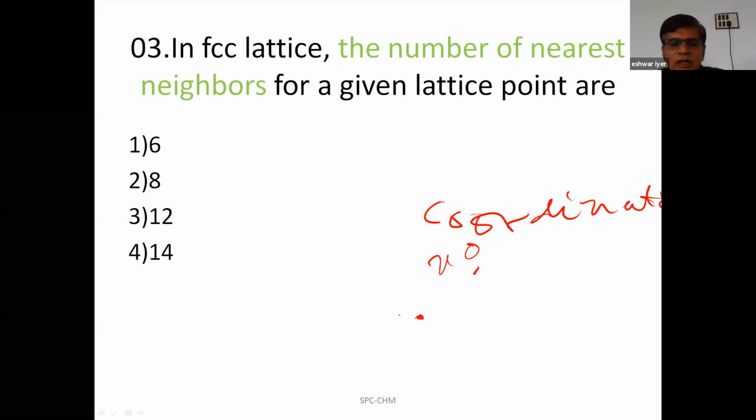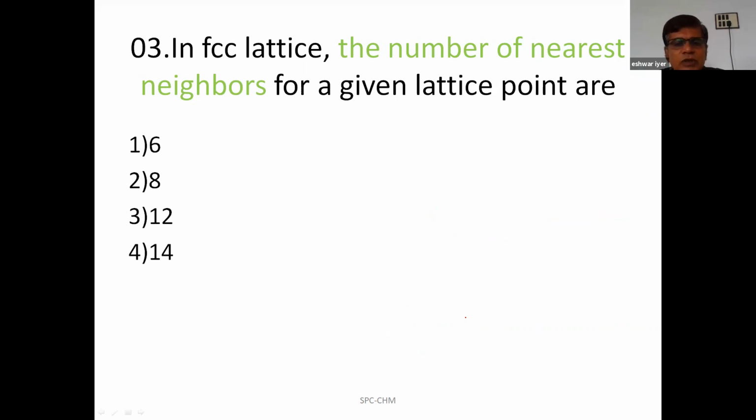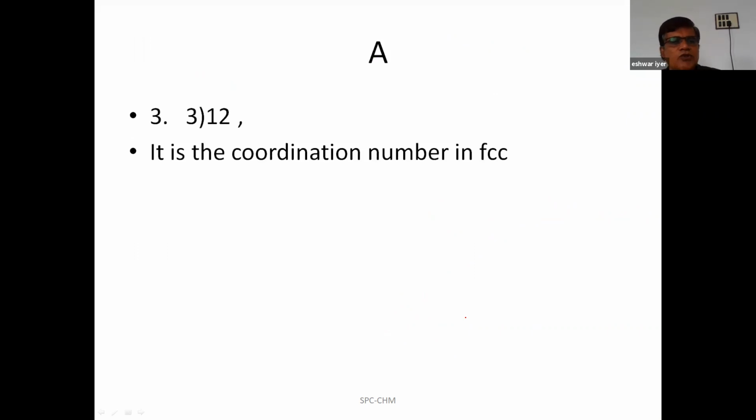If there is a constituent here, it is surrounded by 6 other constituents in the same plane, 3 above and 3 below. That makes the answer 12. Let us find out. Yes, the answer is 12. It is the coordination number in FCC.